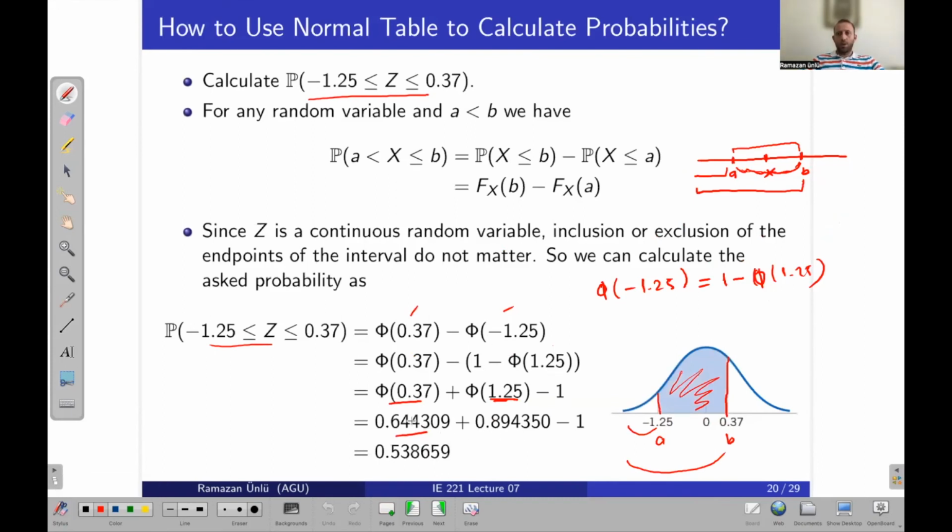So I just put these values in this summation, and I will end up with 0.53 something. That means the probability of Z being within this range is 0.53 something. Okay, this is how we use the standard normal table.